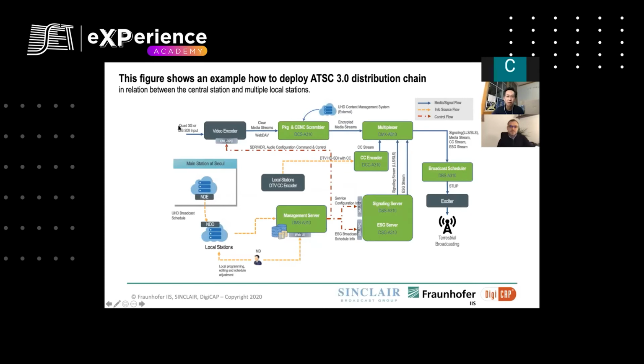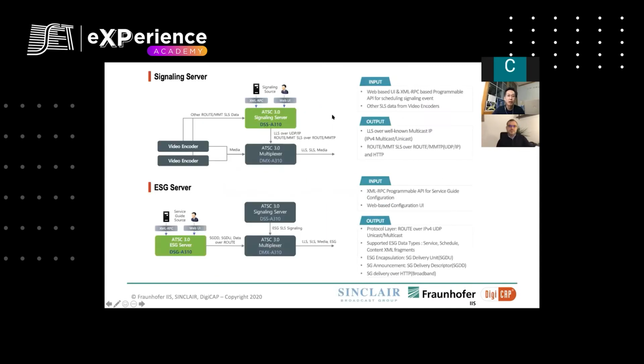It starts from MPEG-TS or SDI input, and then is packaged into a ROUTE session or MMT, and then multiplexed with the signaling and other management data, of course including the closed caption, and it goes to the broadcast scheduler.